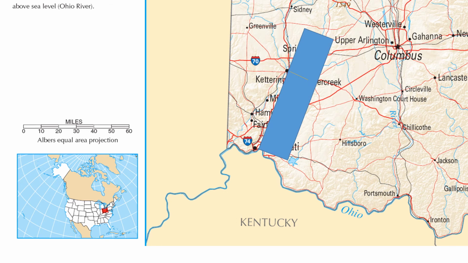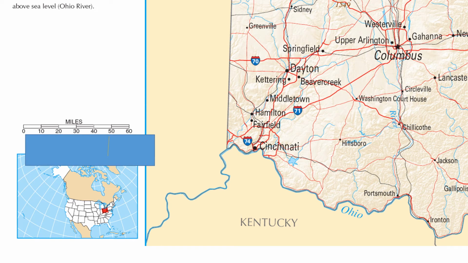So I put my line there, and now I'm going to put it over to the little map scale or the ruler, and I notice that this is close to 50, but it doesn't really get to 50. It's very close to 50. If it was right in between, that's like 45. It's not close to 45, it's really close to 50, so I'm going to call that 49. So it's 49 miles from Cincinnati to Dayton, straight line miles.